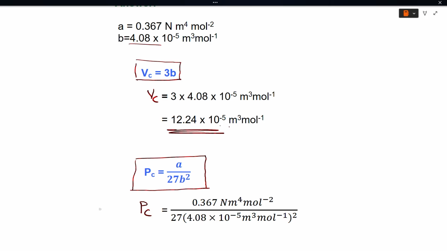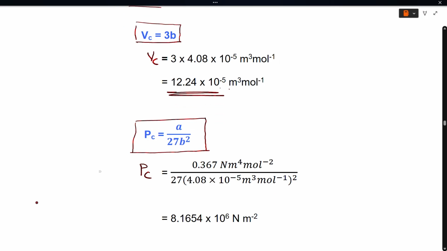whole square. Now, let us see what will be the unit. Here 27 doesn't have any unit. Here it is meter cube, but you have the square. So finally that will be meter raised to 6. Now here we have mole raised to minus 1, square becomes mole raised to minus 2. Okay, the rest is okay.